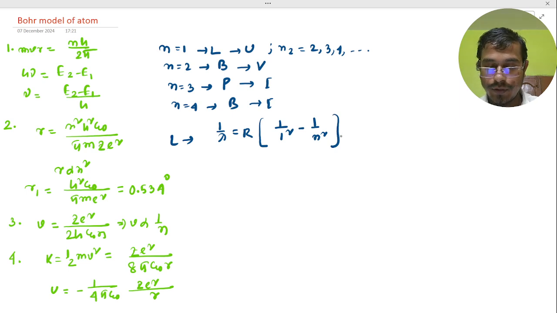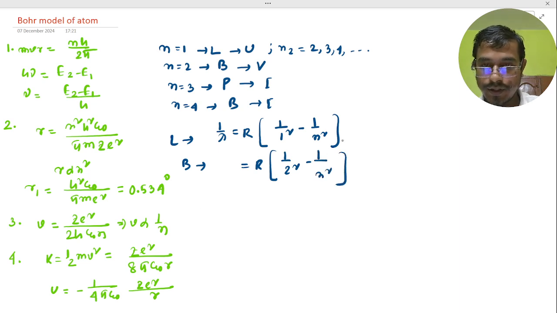You do the same for all the series. For Balmer, it is equal to R, 1 by 2 square minus 1 by n square, and this is for ultraviolet and this is for visible.